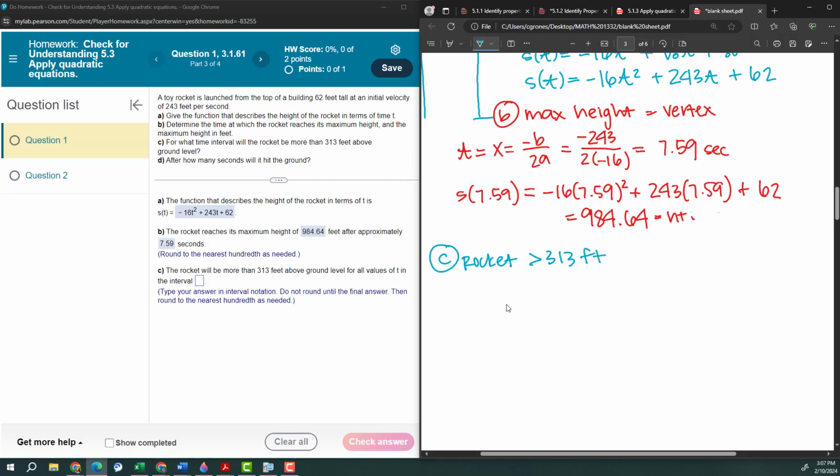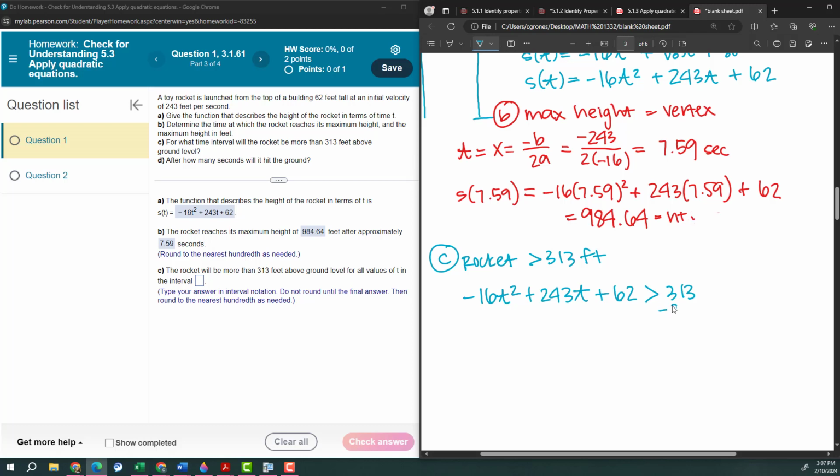So we are going to set our equation to be greater than 313 feet. So negative 16 t squared plus 243 times t plus 62 is going to be greater than 313. And we're going to solve for t.